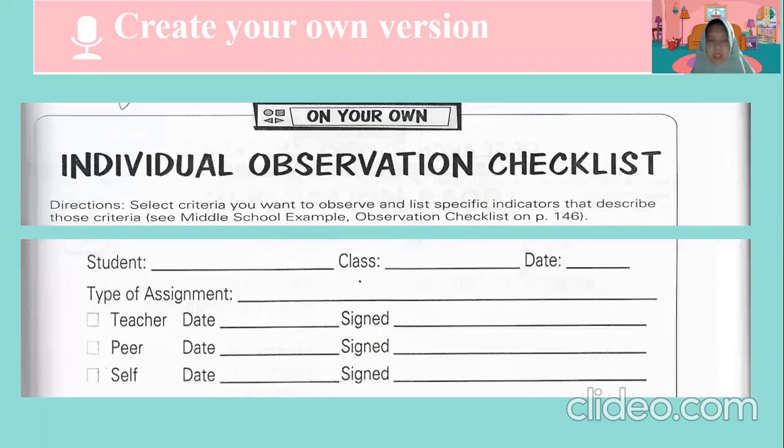And the next is another example of the observation checklist. This is an individual observation checklist, and it can be used as a self assessment, or peer assessment, or teacher assessment.